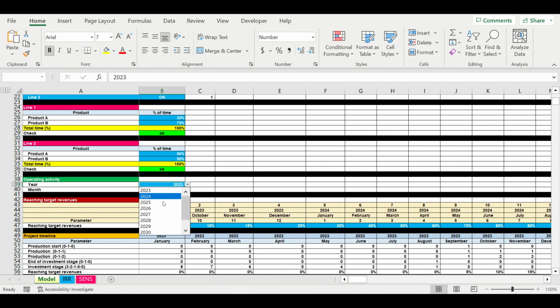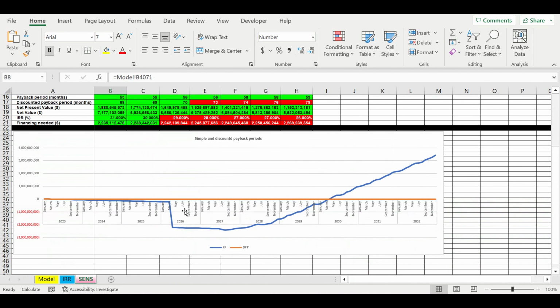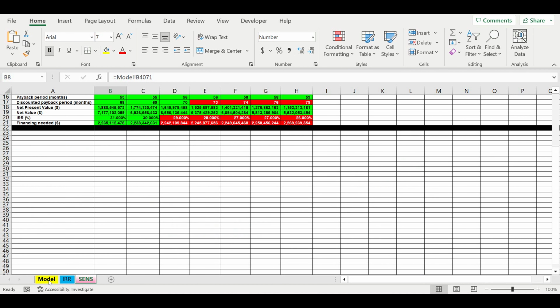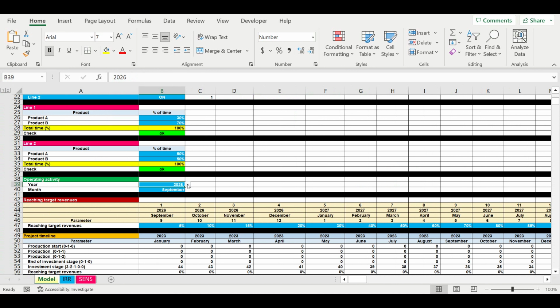And for example, I would like to displace the project to September 2026, and we can just go to the diagram and see how this works. So we can easily displace this whole story very quickly. Let's go back.